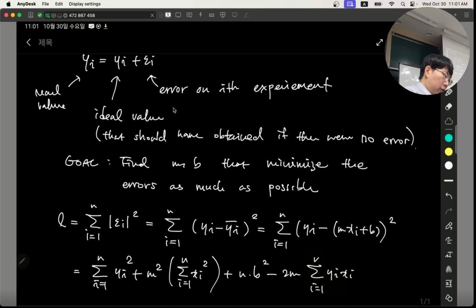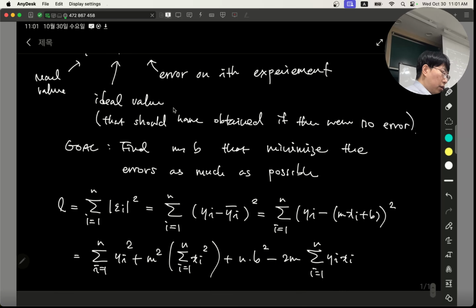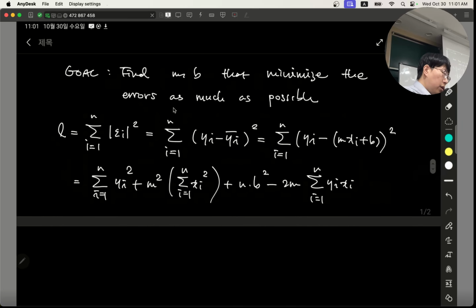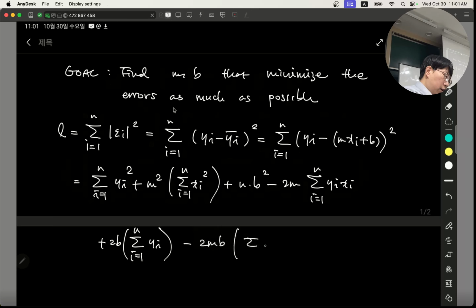Basically it's a quadratic function, so it's not hard to expand. Then we have minus 2b times the sum of yi, and plus 2mb times the sum of xi, from 1 to n.